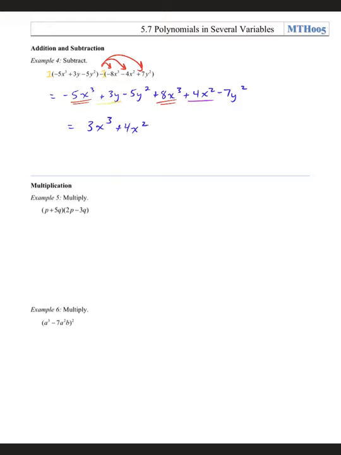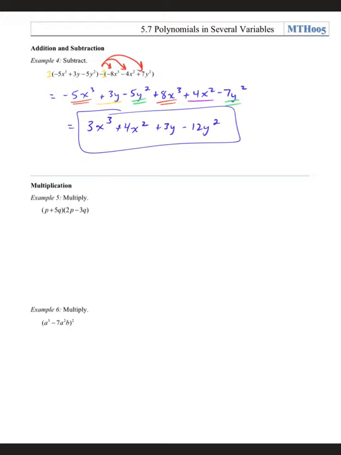We have a 3y, so plus 3y. And last but not least, we have y squares. So we have negative 5 and negative 7, which would leave us with a negative 12y squared. And that would be our answer for that one. Okay, so that's going to be our subtraction.